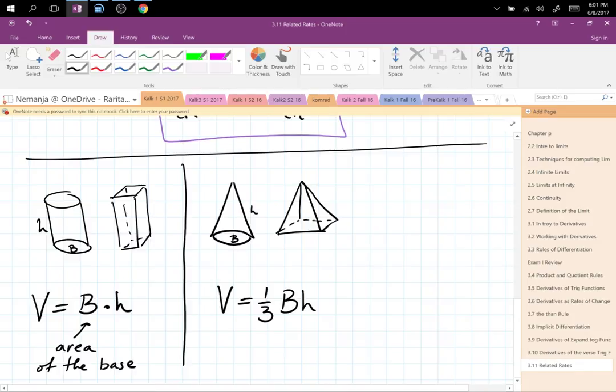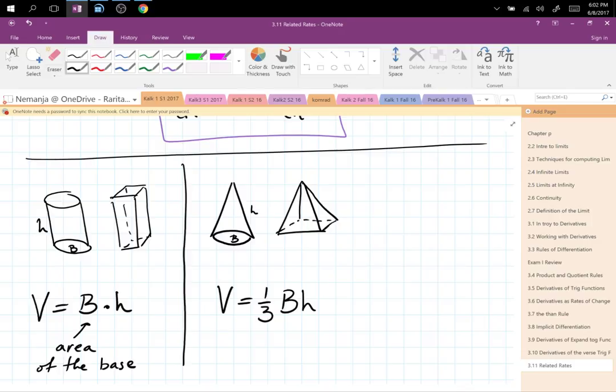So you can see now that the cylinder and the cone are both circular, right? They have the same base, they have the same height, but the cone is 1/3 of the volume of the cylinder. You do the same for three-sided, four-sided, or whatever sided pyramid as well.